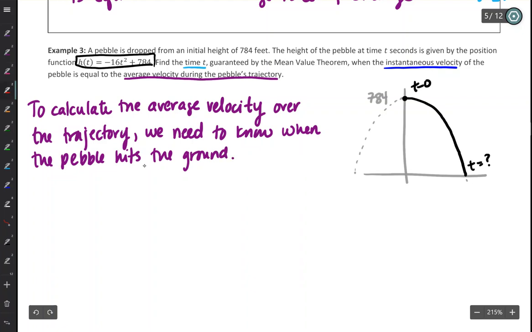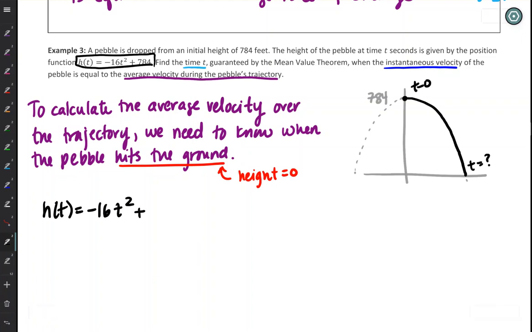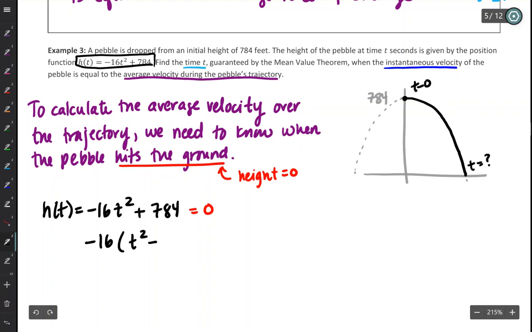Well, when the pebble hits the ground, the height is 0, right? So I'm going to take my height function and set it equal to 0 and solve for t, solve for the moment in time when the height is 0. Let's go ahead and factor out that minus 16, the GCF here.